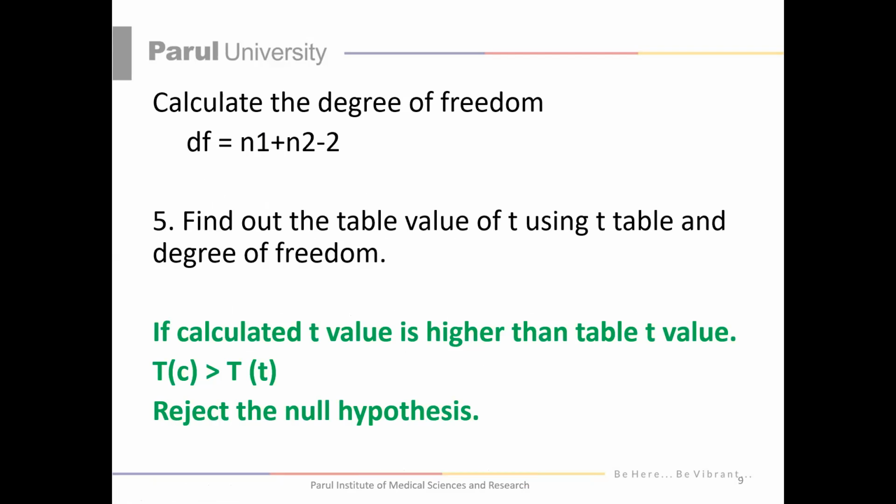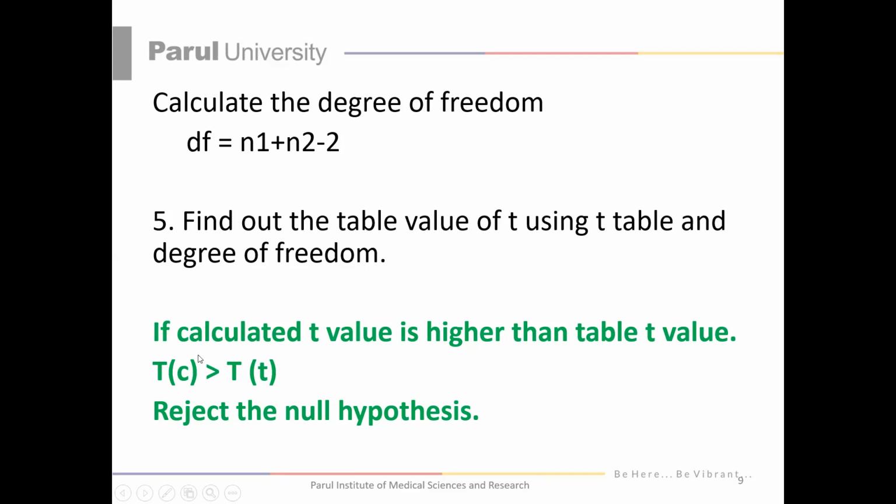And then we need to calculate degree of freedom. As I said, degree of freedom for the unpaired data is n1 plus n2 minus 2. Then find out the table value of t using the t table and degree of freedom. And what is the decision criteria?